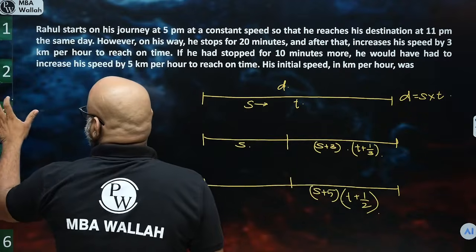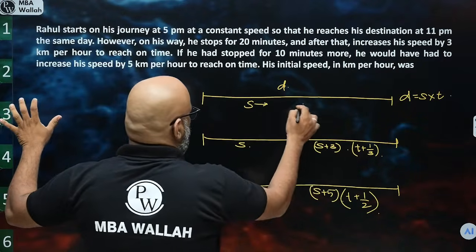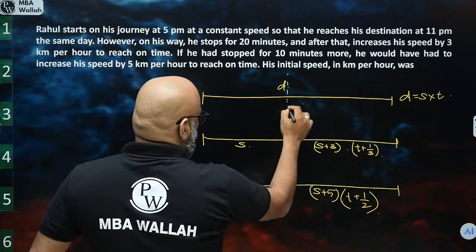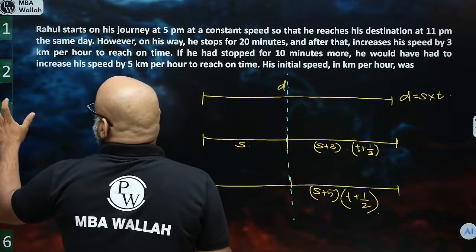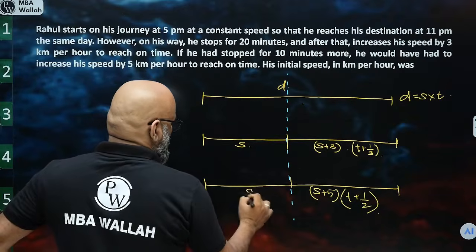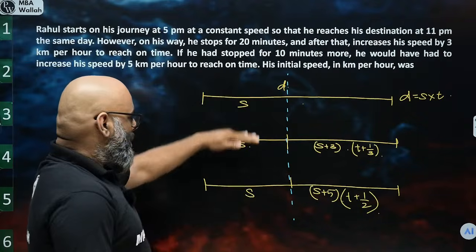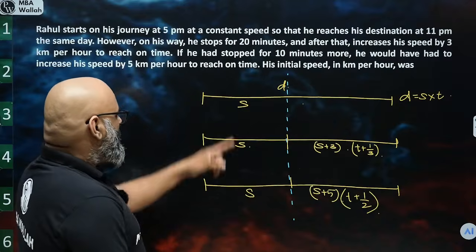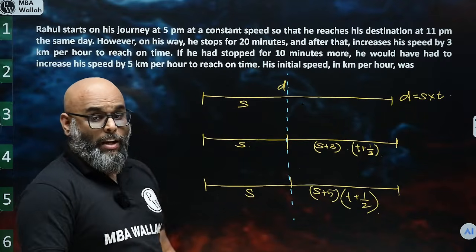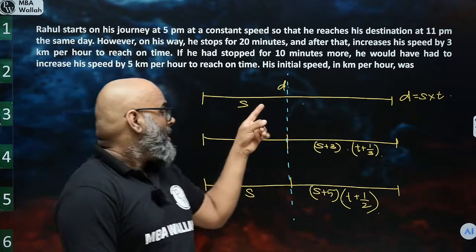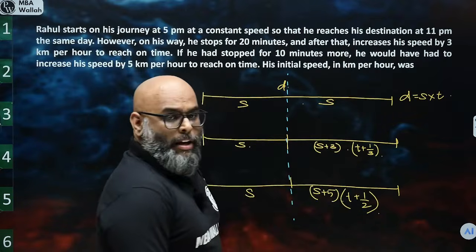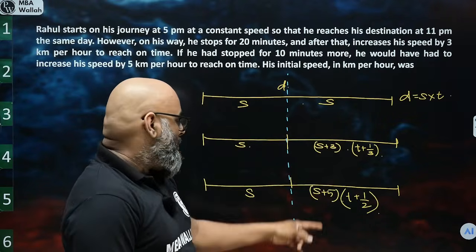Now notice this idea. In all these three cases, this leg of the journey was covered at s kilometers per hour only. So the time taken to cover it would be the same. Here it was s, here it was s plus 3, here it was s plus 5.